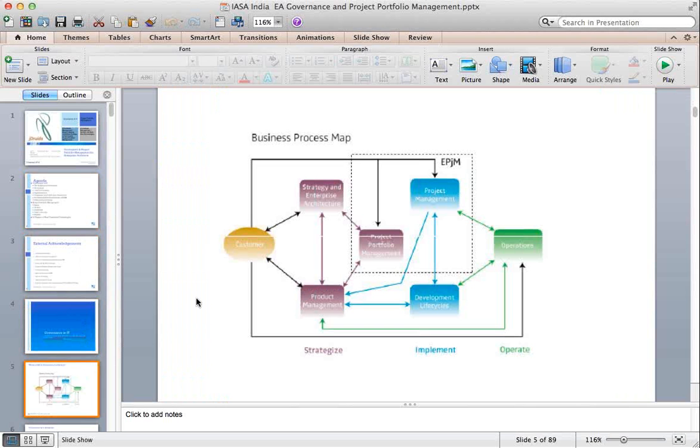One is at the time of strategizing. As in the previous webinars, I have always made it important to understand the business strategy for which you need to provide value delivery. That is the strategy that you need to meet, and towards that strategy, you will have multiple products that are essential for the organization to meet the customer.